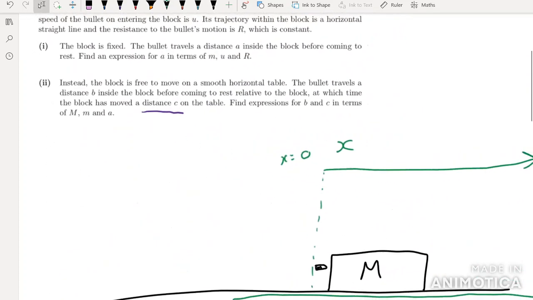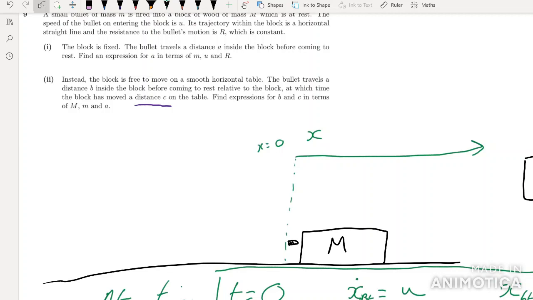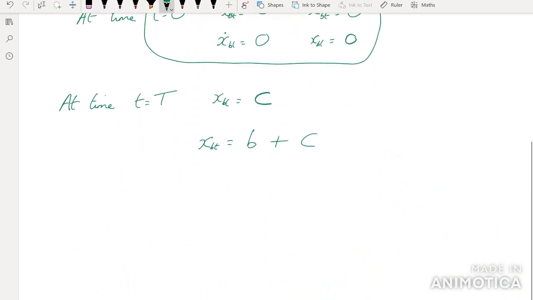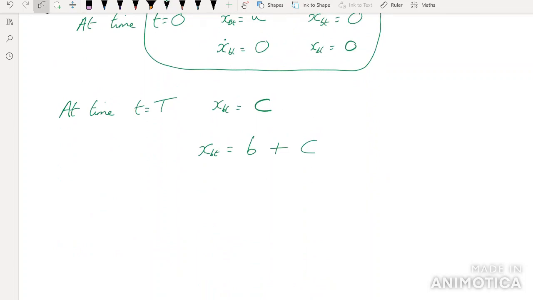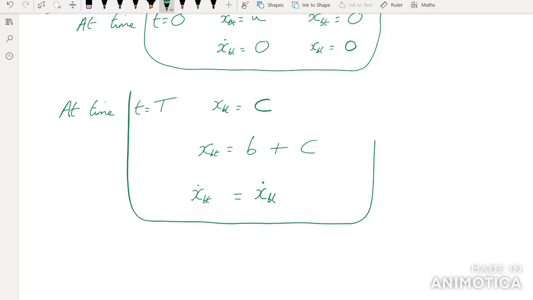Well, the whole point of this was that we're talking about it until the bullet comes to rest relative to the block. So whatever they are, we know that they're the same. So what we can say is that x dot bullet must equal x dot block at that time. We don't know what they are, but we know that this is true.